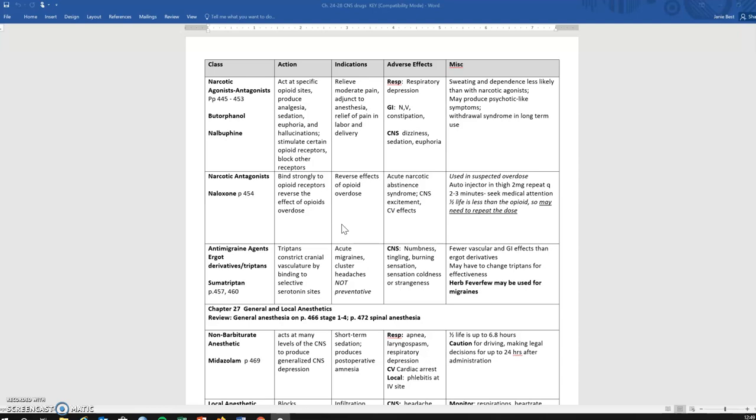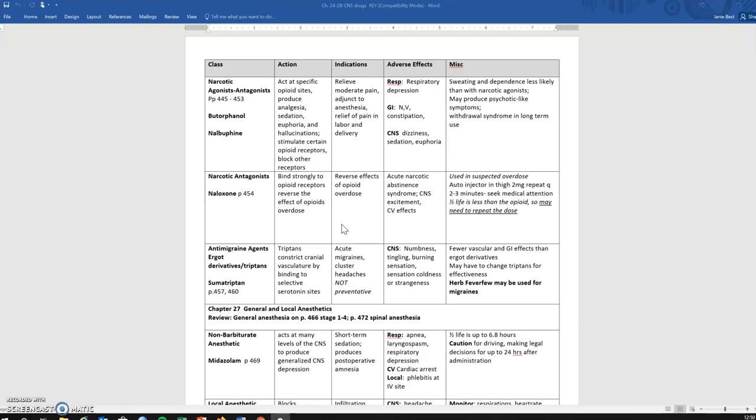The problem that you can have is an acute narcotic abstinence syndrome, which means that the patient who's received naloxone, if you give a high enough dose of the naloxone that completely knocks out that narcotic, the patient can have severe pain. They can have central nervous system excitement, raised blood pressure, raised heart rate. The drug is given for suspected overdoses. Anytime the patient's respirations get below 8, in the hospital setting, you typically have an order for naloxone.